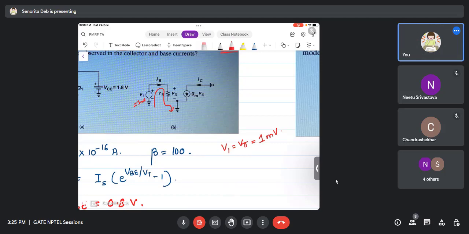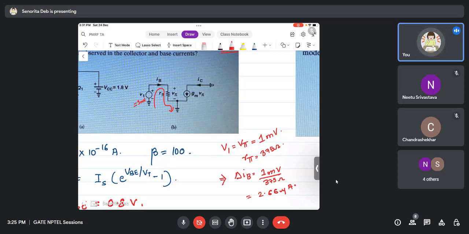So, this implies the delta IB value is 1 millivolt upon 375 ohms, and this will give you 2.66 microampere.